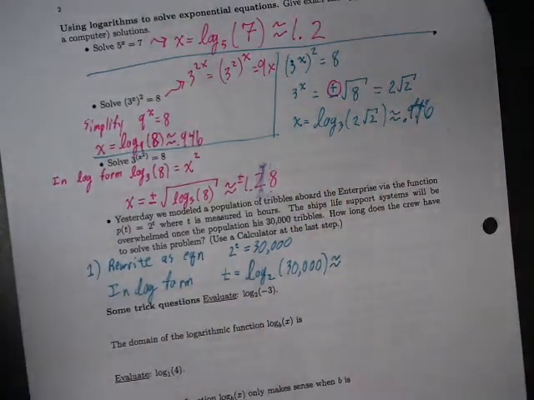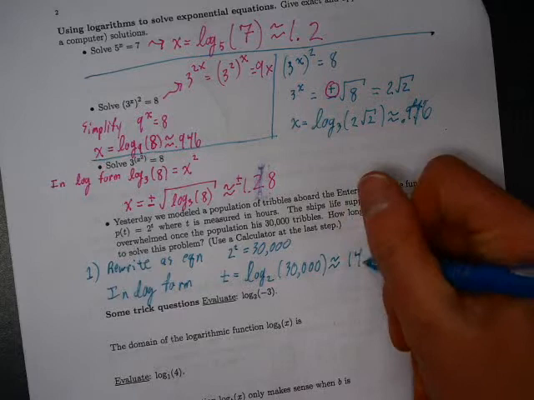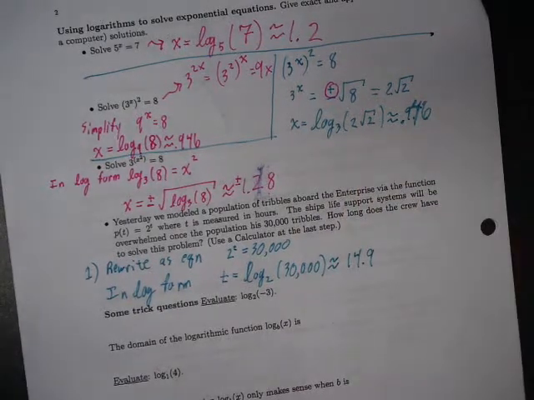And because you probably care about approximately how many hours that is, what is the log base 2 of 30,000? 14.87. That's enough digits for me. I'll just round up.